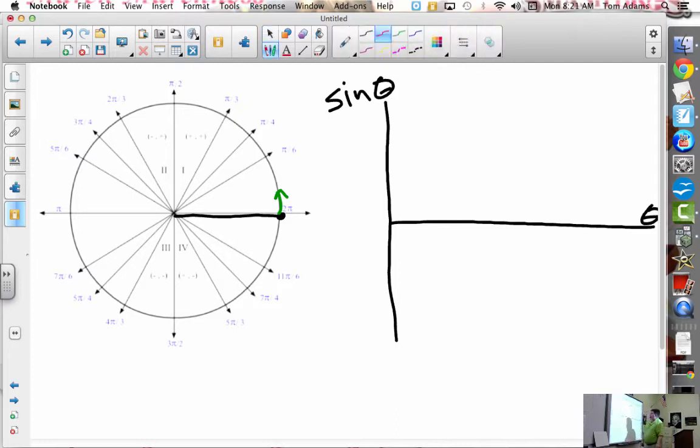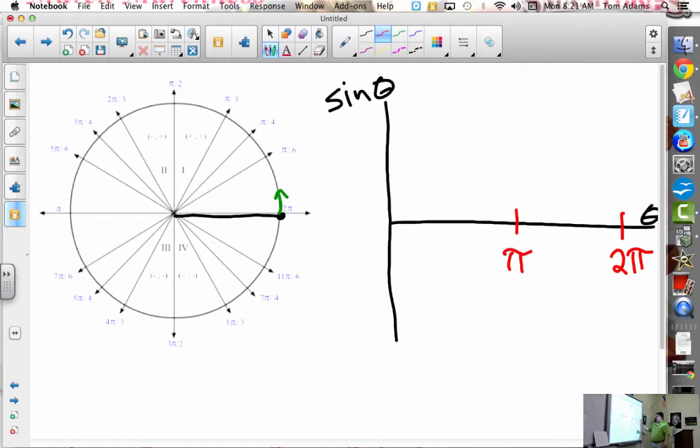So, right here at pi over 2, well, first of all, to go one complete circle around, what is that in radian measurement? 2 pi, right? So I'm going to do one whole circle from 0 to 2 pi.